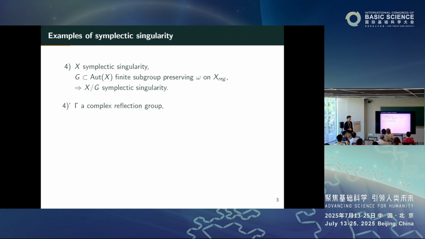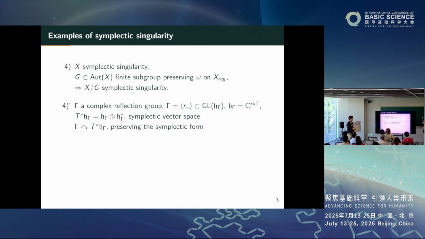For example, you can start with your favorite complex reflection group, for example a Weyl group, which is generated by reflections in some vector space. The cotangent of this vector space is naturally a symplectic vector space, and the diagonal action of this complex reflection group preserves the symplectic form. In this way, you can get the symplectic singularity associated with the complex reflection group.